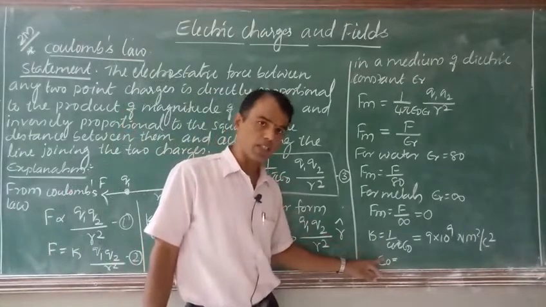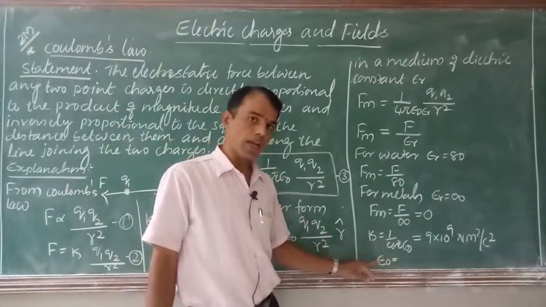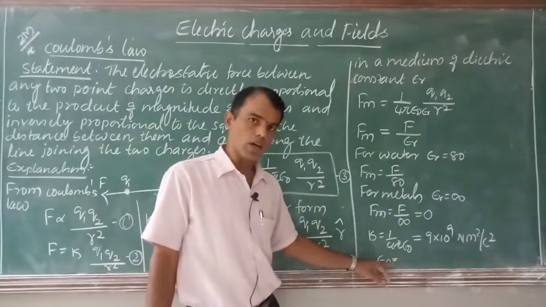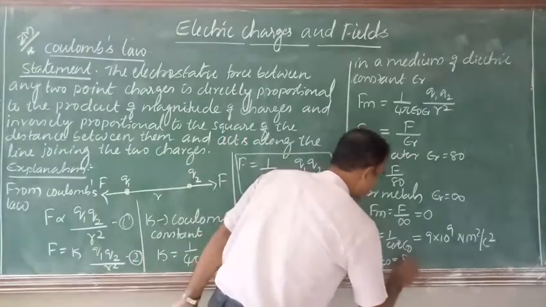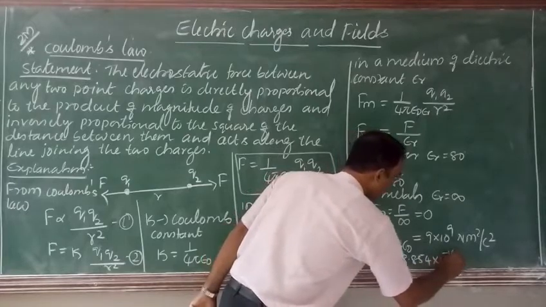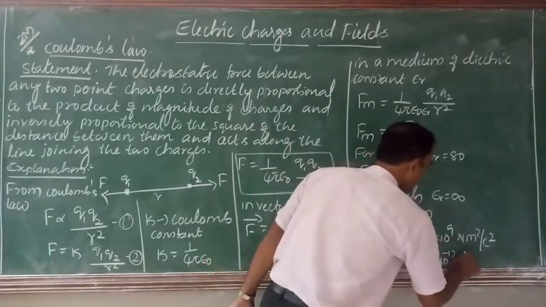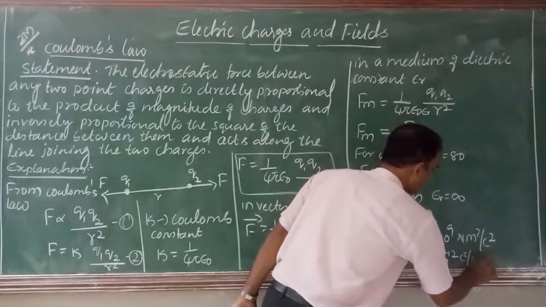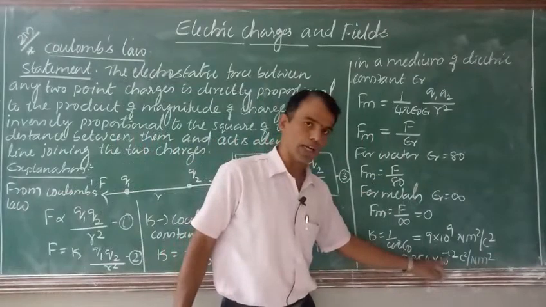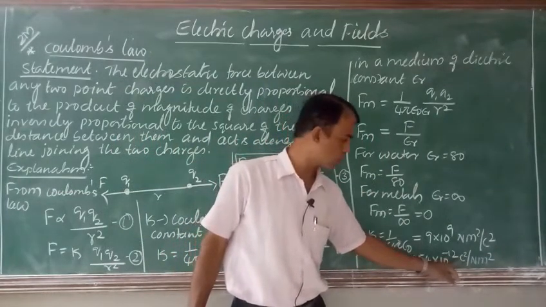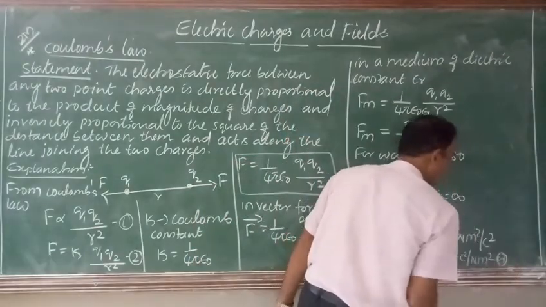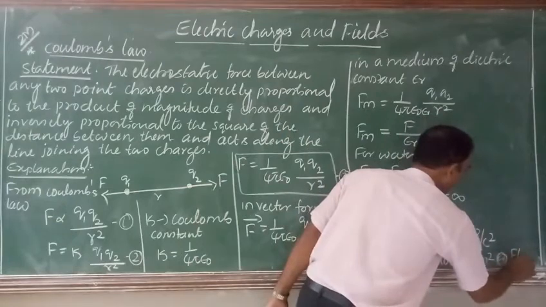Epsilon naught is a dimensional constant, and its value is 8.854 into 10 to the power of minus 12 Coulomb square per Newton meter square, or it has another allowed unit, Farad per meter.